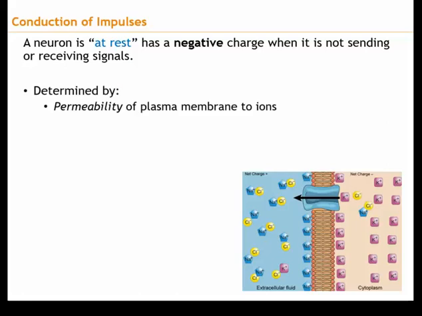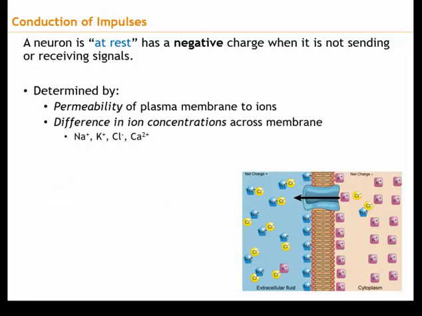So let's talk about permeability of plasma membranes. Permeability just means the quality of a membrane that allows chemicals, liquids, or gases to pass through. So permeability will determine when and how an action potential is conducted. Next is differences in the ion concentration.